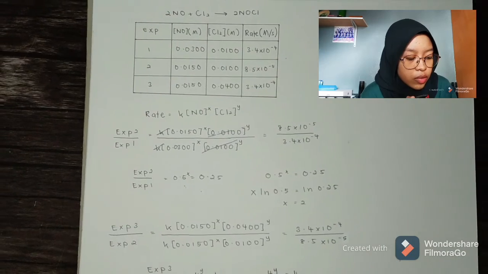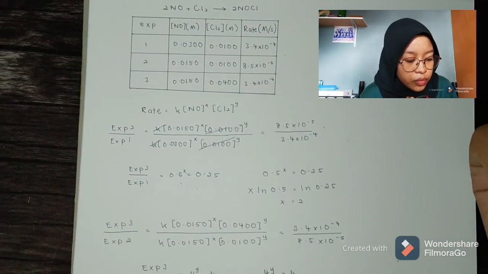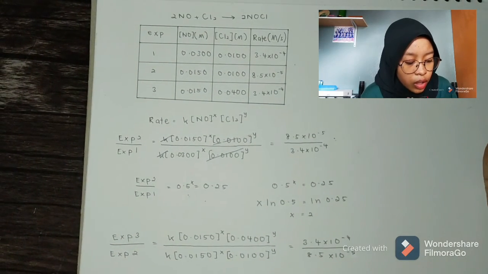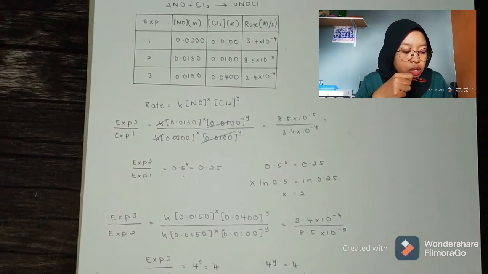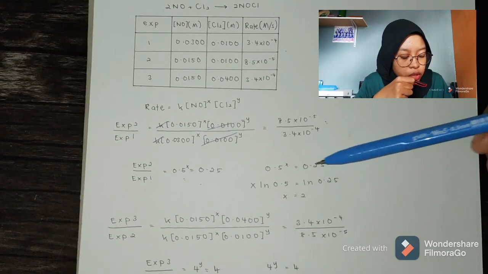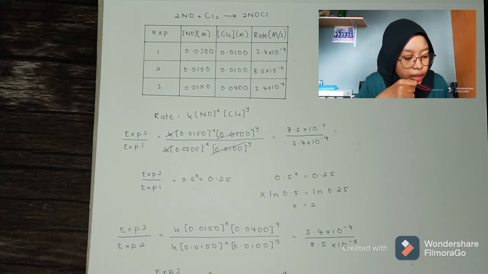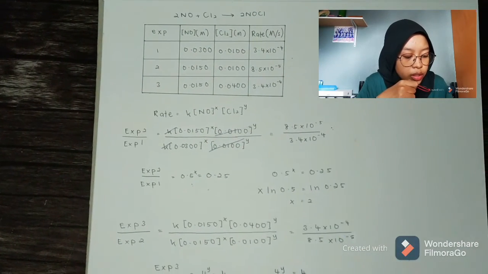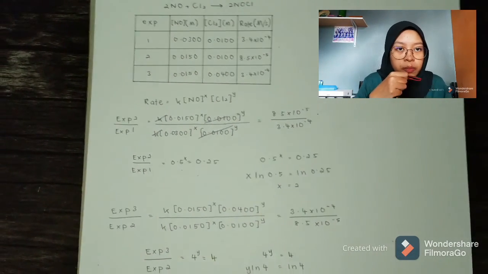And if we divide 8.5 times 10 to the negative 5 by 3.4 times 10 to the negative 4, we will get 0.25. So to find x, 0.5 to the power of x equals 0.25, then x ln 0.5 equals ln 0.25. So we will get x equals 2.